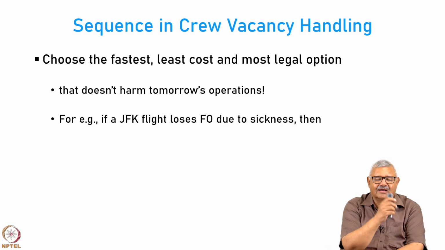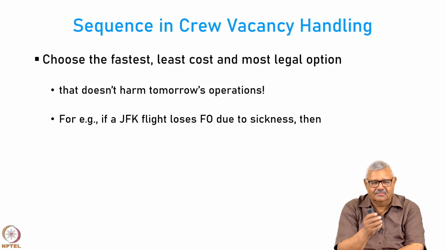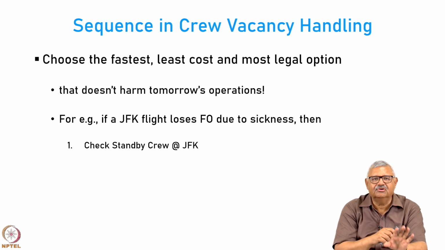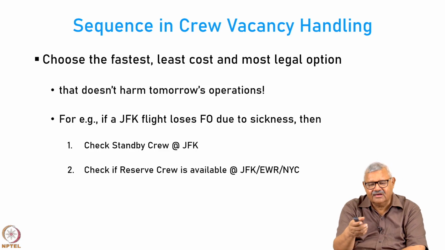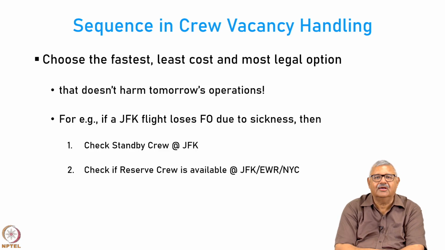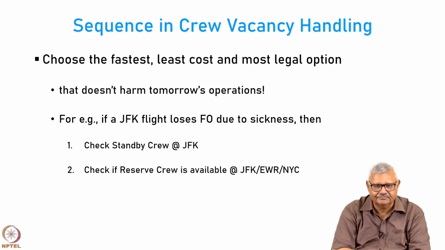Okay. So, for example, if in New York JFK the first officer reports sick, then what do we do? First thing we do is check for a standby crew available at JFK itself. If not available, then we look for reserve crew. Are they available in JFK or in Newark, which is nearby, or maybe anywhere in the New York City area, so that they can come very quickly?